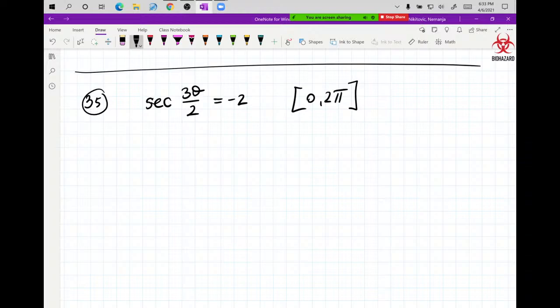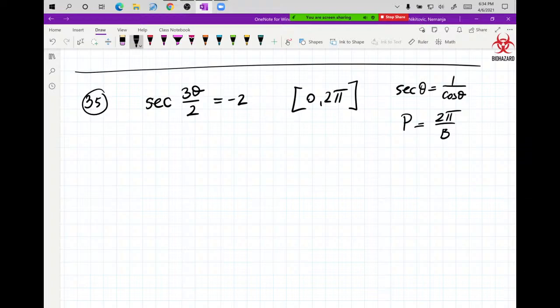But since secant theta is equal to 1 over cosine theta, the period of secant is the same as the period of cosine, which means the same formula P equals 2 pi over B is the formula that we get to use.